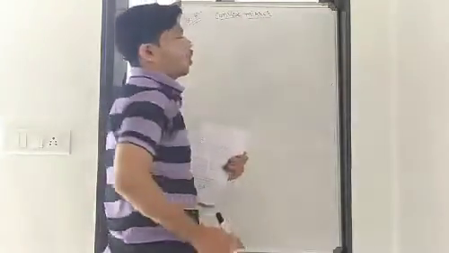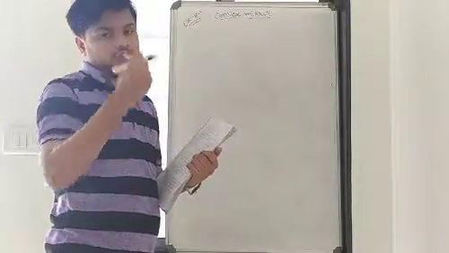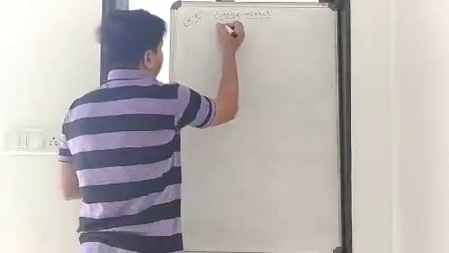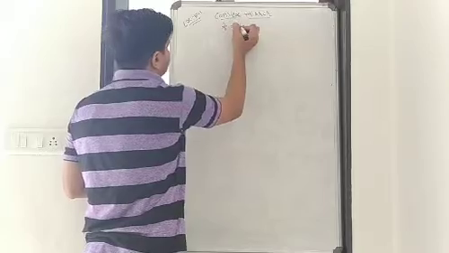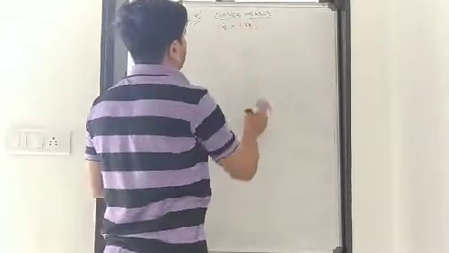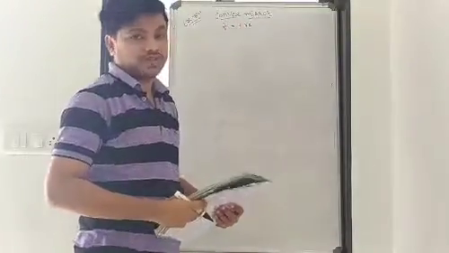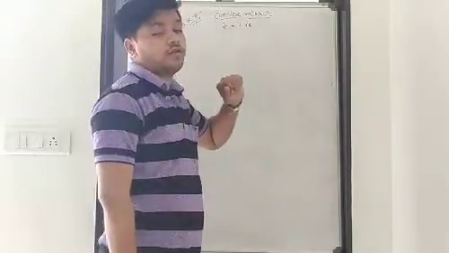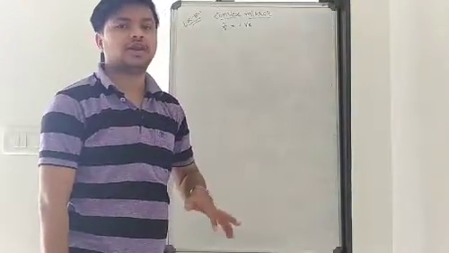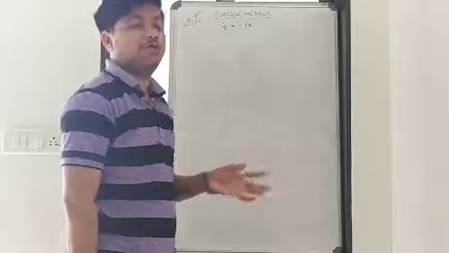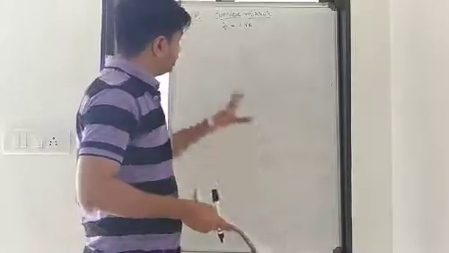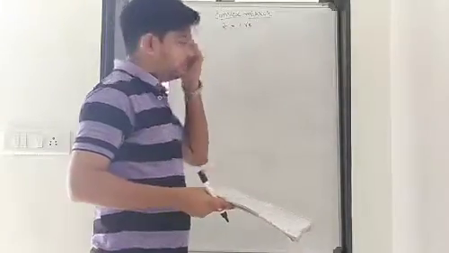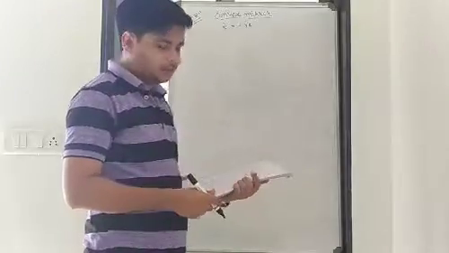If the mirror is convex, then you can say that f is positive, right? In the last video I said that for a convex mirror f is positive, and for a concave mirror f is negative. So according to it, f is positive for the convex mirror.